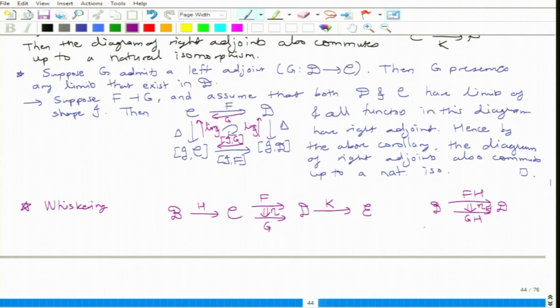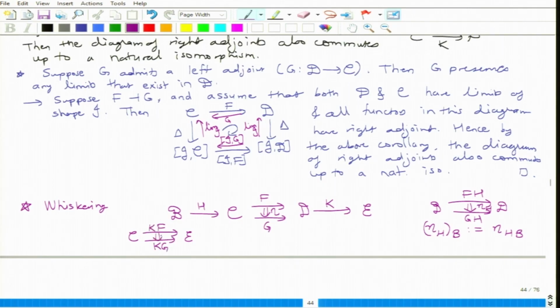Okay, what is eta sub H? What is the Bth component of eta sub H? It is defined to be eta sub HB, correct. So that's why we write eta sub H. Similarly, you also have this other form, C to E. We have KF and we have KG.